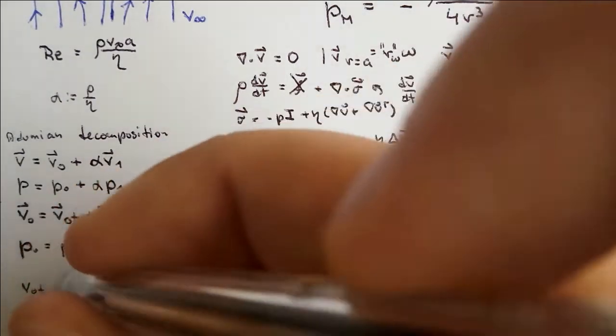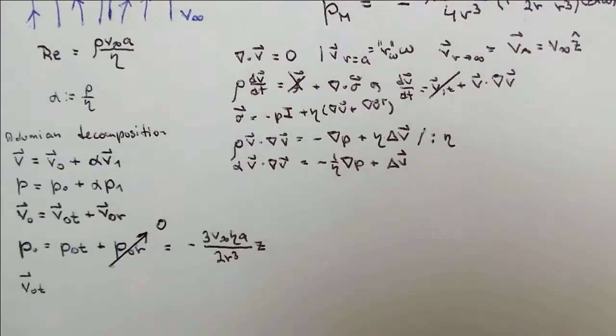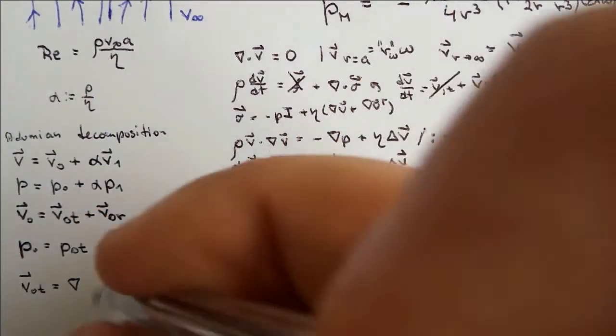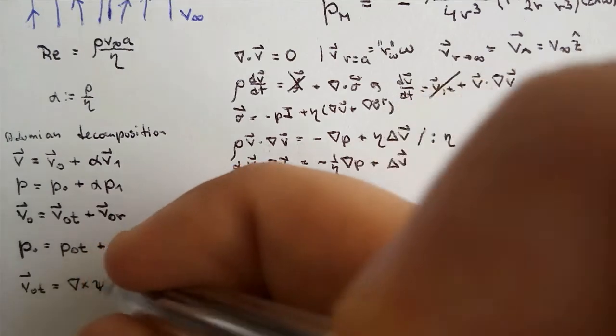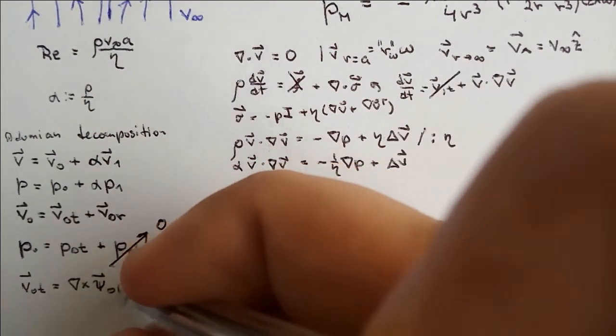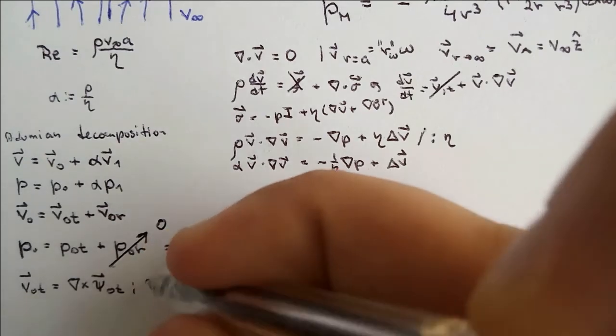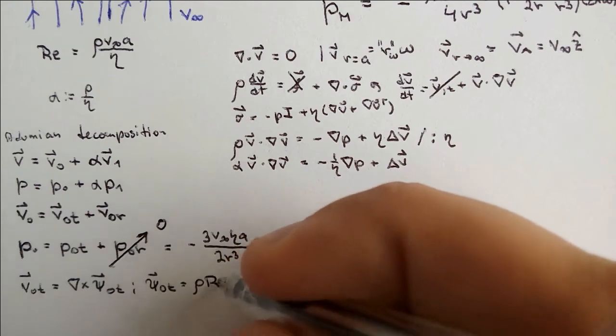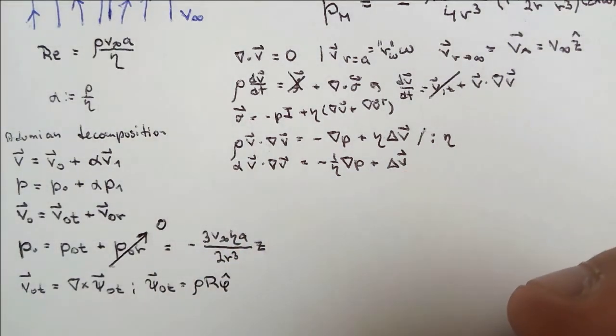V0t, you can also be familiar with it. It can be written as the curl of some vector field psi, call it psi 0t, where psi 0t is rho r phi hat.